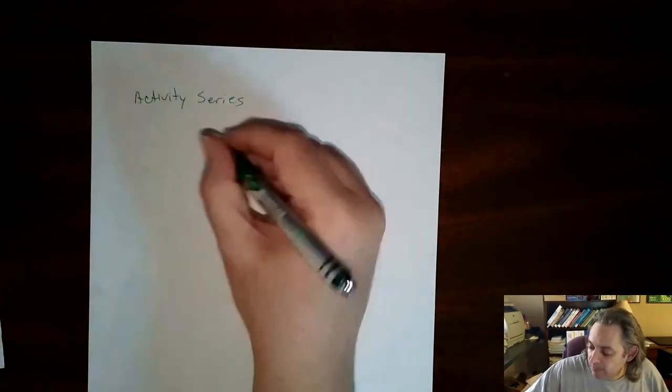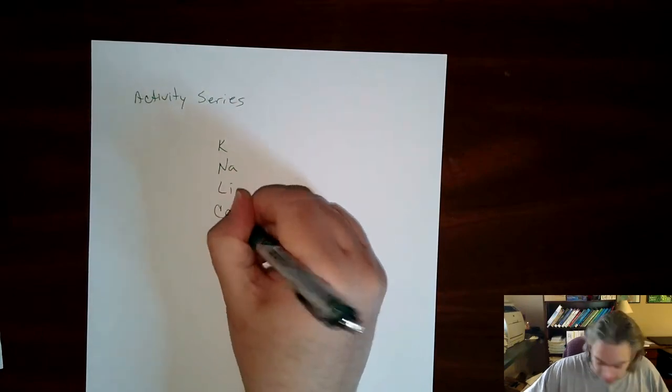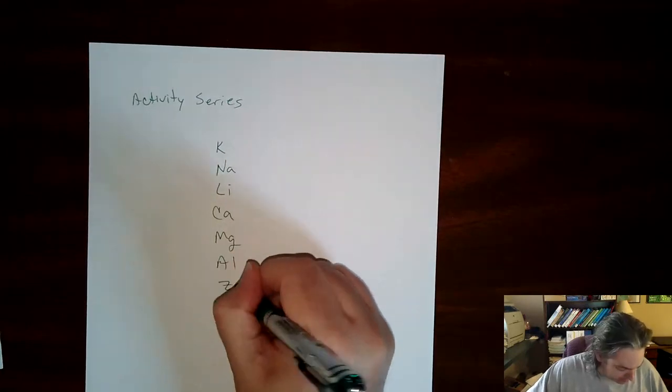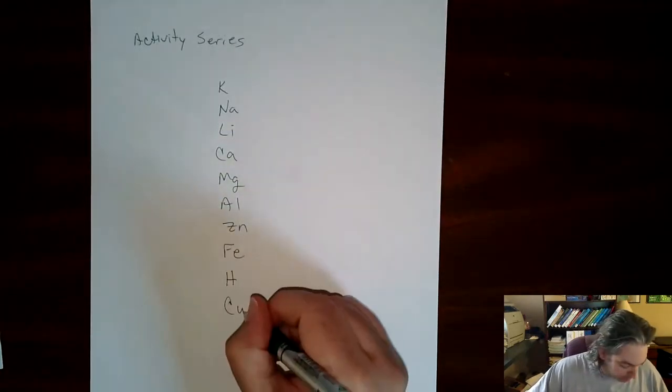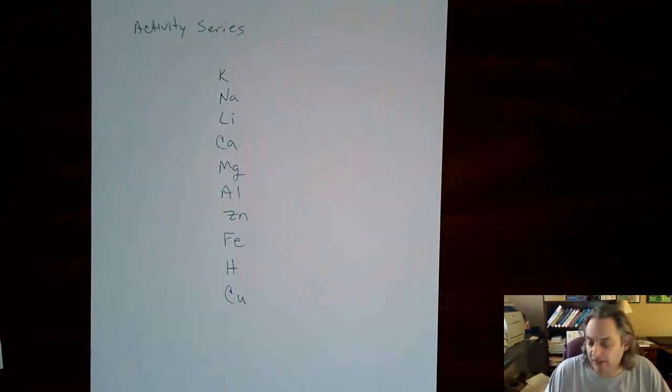An example of an activity series would be potassium, sodium, lithium, calcium, magnesium, aluminum, zinc, iron, hydrogen, copper, and so forth. We can have lots of different elements.